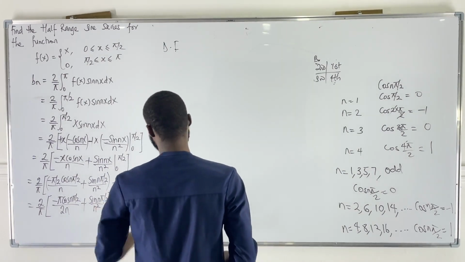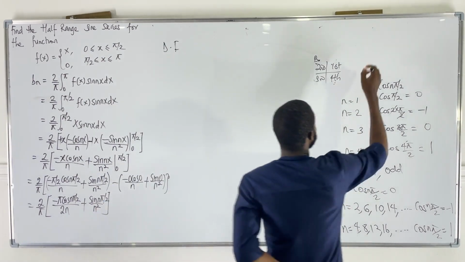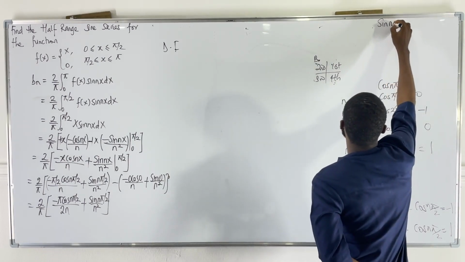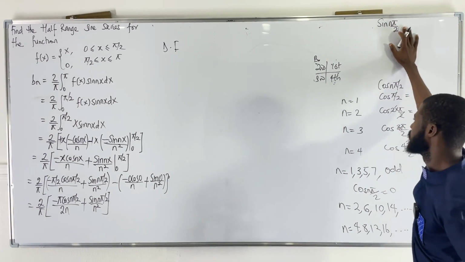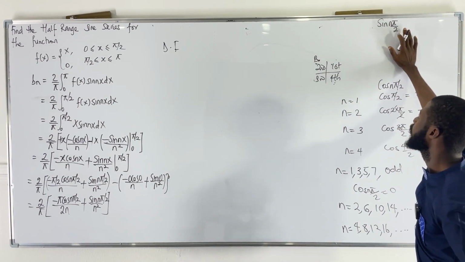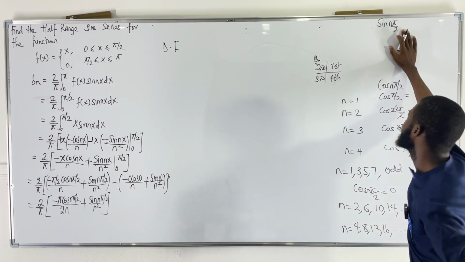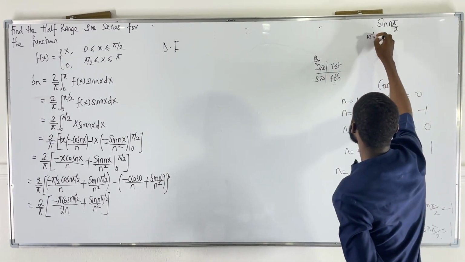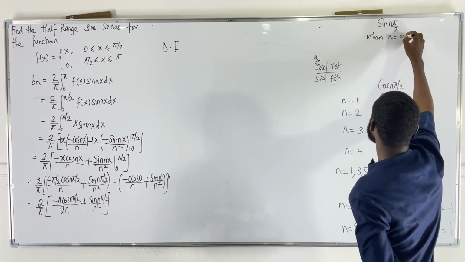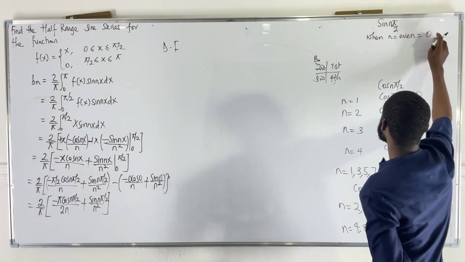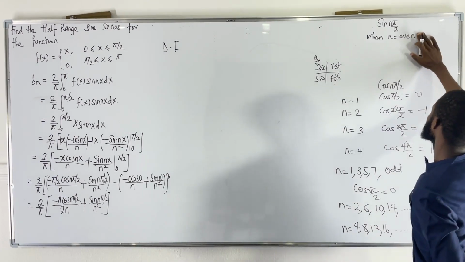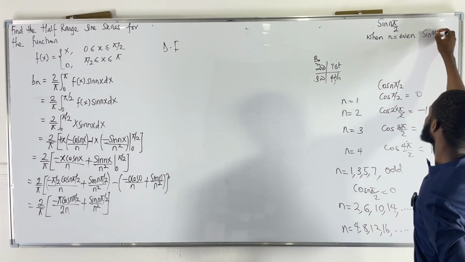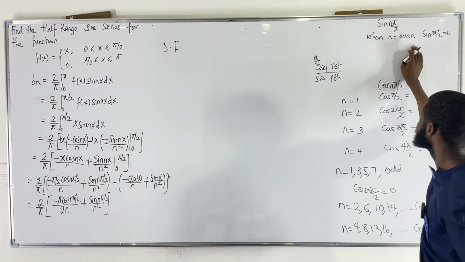So for sine n pi over 2, to save you the time, when n is even, you're going to be getting 0. When n is even, your answer will be 0. So sine n pi over 2 is equal to 0.